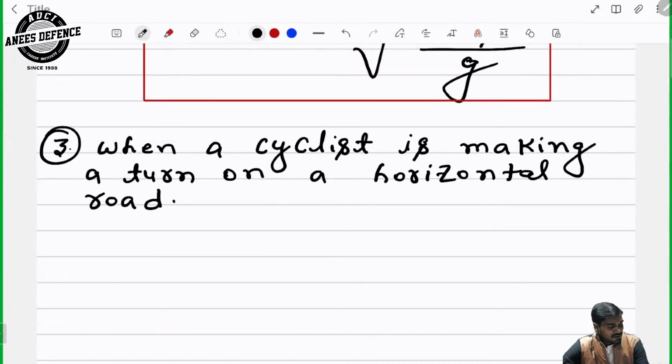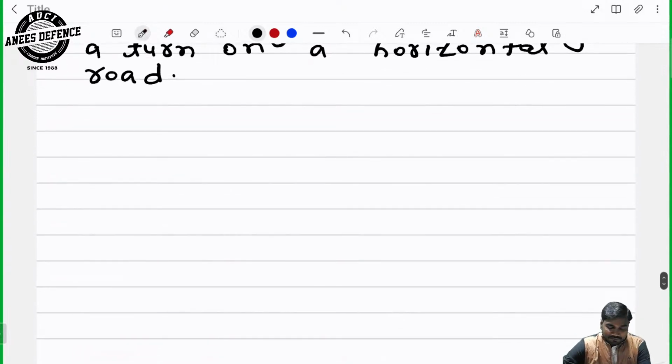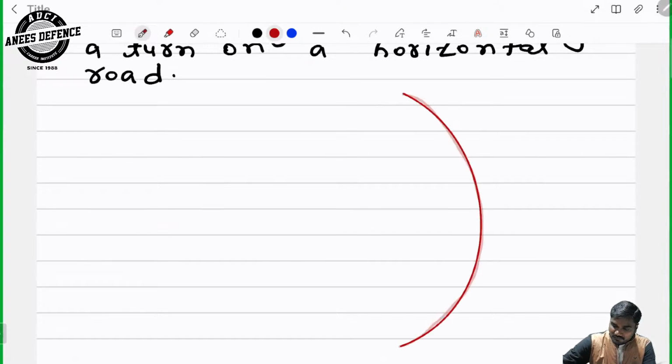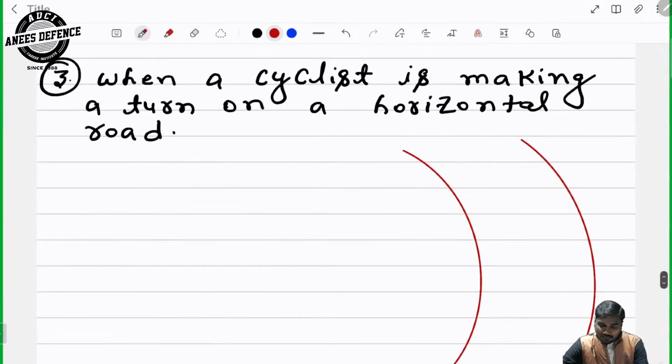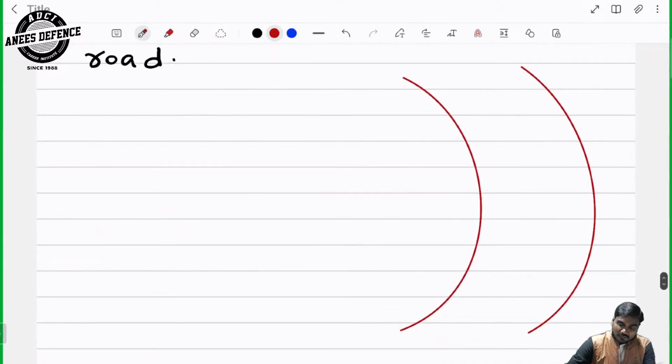A cyclist is making a turn on a horizontal road. Okay. Consider this is a turn on a horizontal road. So there is no banking, which means the road is flat, horizontal. And that cyclist is turning on that horizontal track.